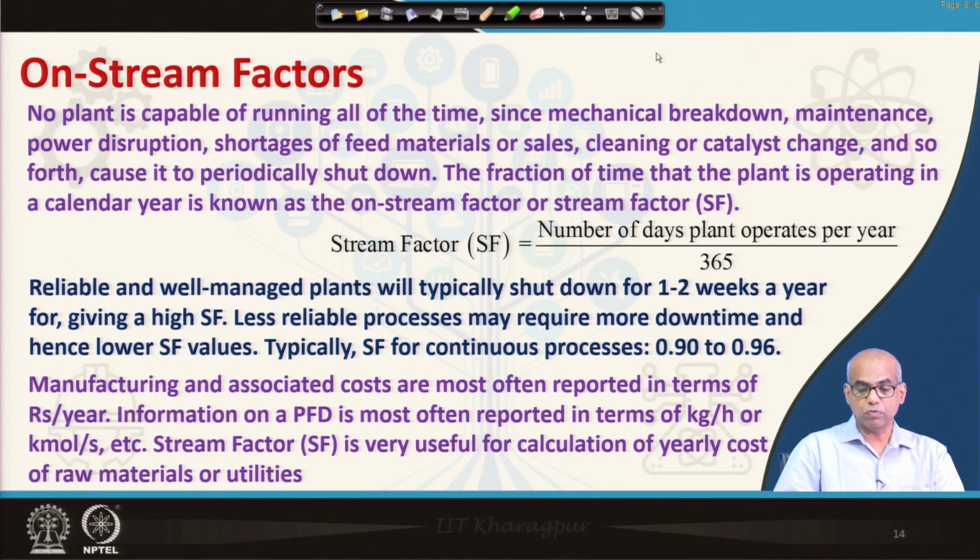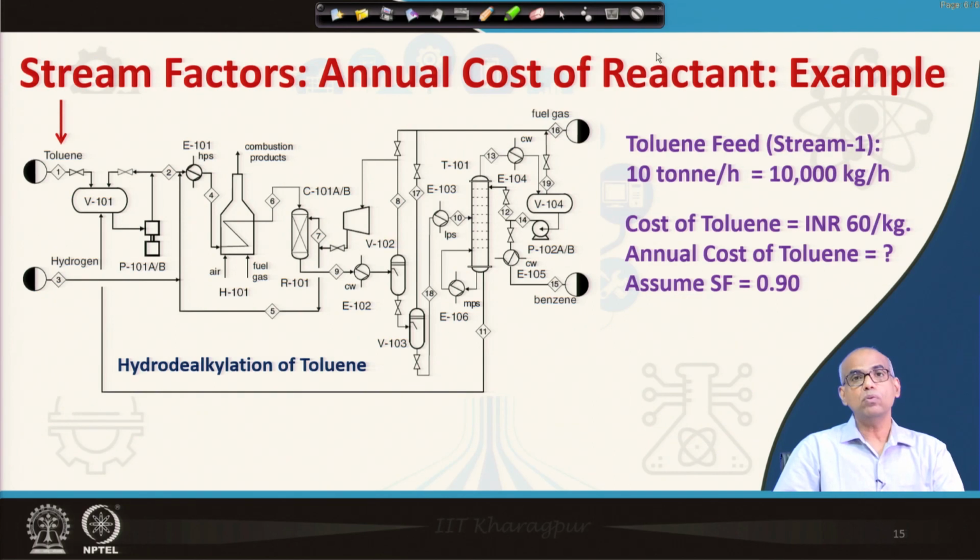Stream factor is very useful for calculation of yearly cost of raw materials or yearly cost of utilities from the process flow sheet diagram. So, how do we do that? Let us take a very simple example.